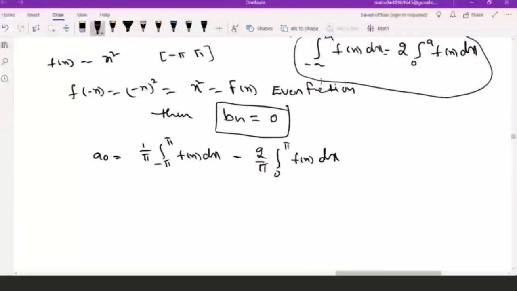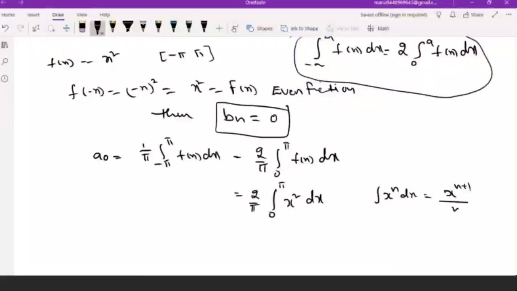Here, what is our f of x? x square. So 2 by pi times the integral from 0 to pi of x square dx. Now we are using the integration formula: the integral of x to the power n dx is equal to x to the power n plus 1 by n plus 1.